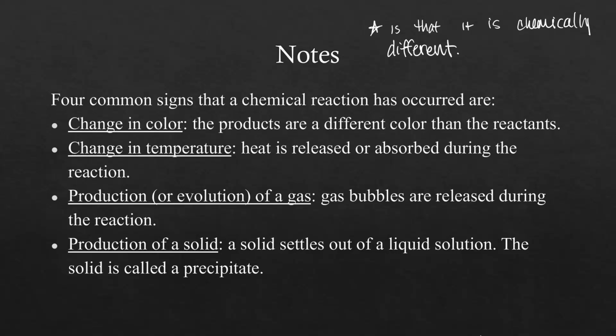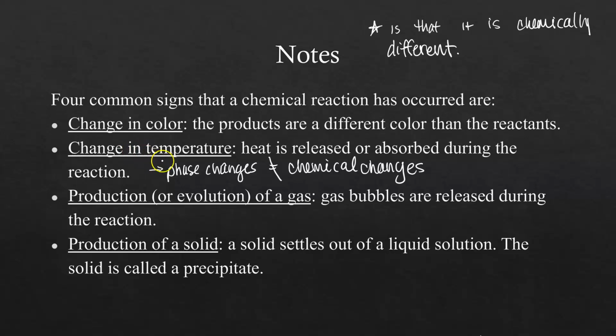Changes in color, temperature, or gas or solid production can indicate a reaction, but phase changes, where we change temperature, are not chemical changes. They are physical changes because it is still chemically that substance.